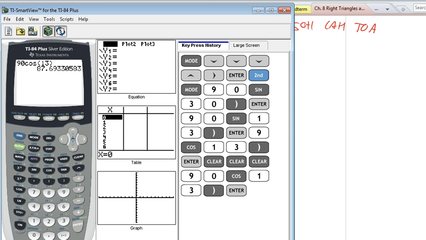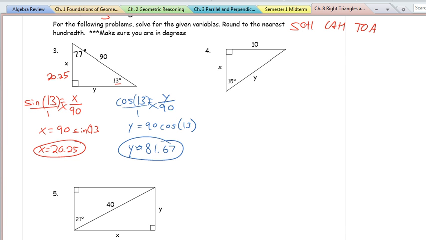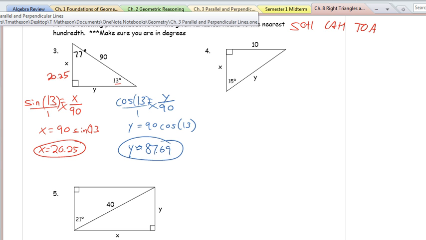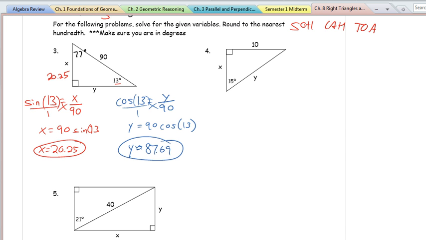What did I punch in wrong? Oh, I was in degrees on my calculator. So that's what we should have: 87.69. That's my fault. I was using the one that I didn't adjust, and that's why I knew it was wrong. You might be thinking you should have got the same thing as 90 sine 13, but it's a different comparison. That was a little choppy, sorry about the switching back and forth. Now I'm in degrees and everything.